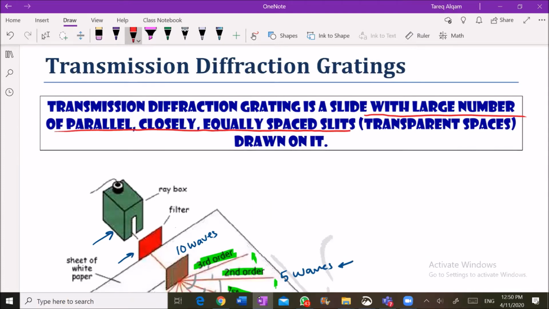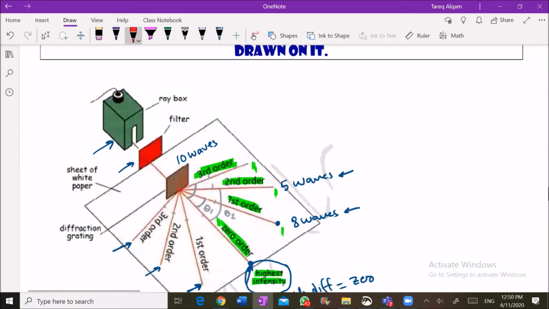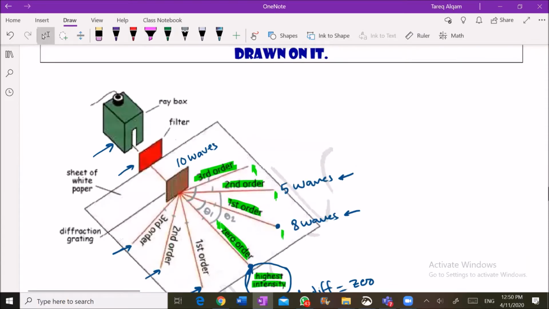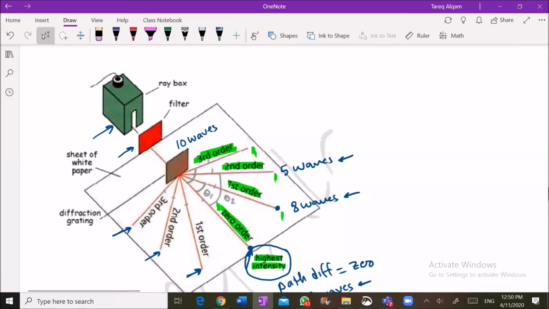I will show you this. Same thing here. We have a ray box and a filter to make it monochromatic or coherent. This is what we can observe on the screen.